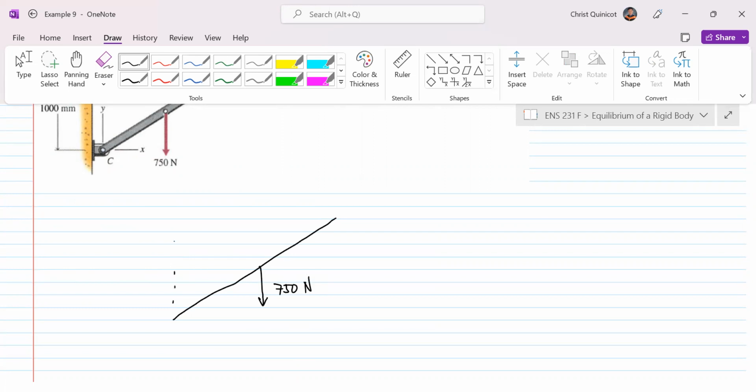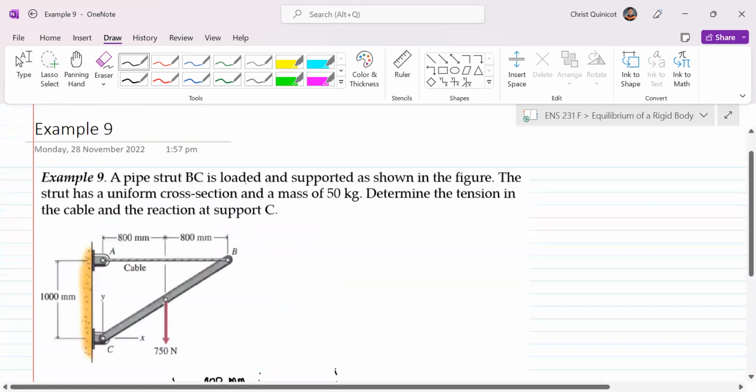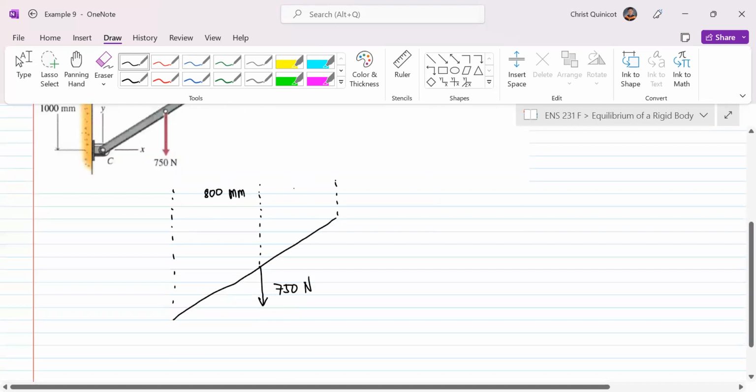It has a perpendicular distance, which is 800 mm, 800 mm.